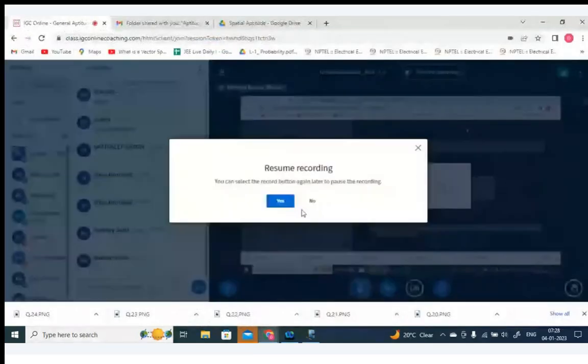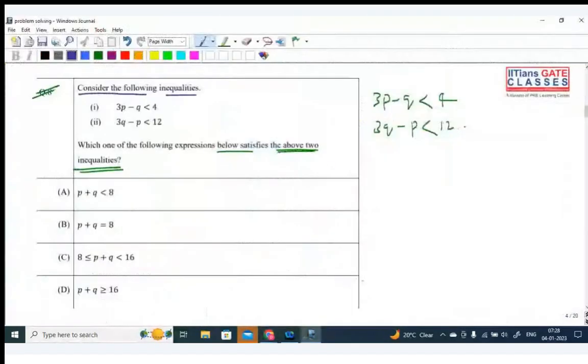See, guys, this question can be done very easily, okay? And you can choose also. See, you can eliminate these values, right? You can choose some value of p and q by yourself, okay? And as we know that there is less than, so in all the options, this strict inequality will be there, okay?